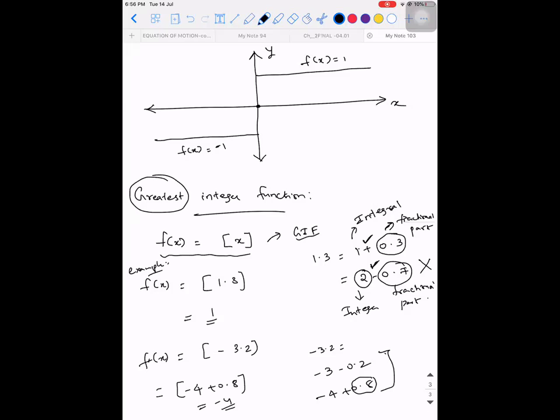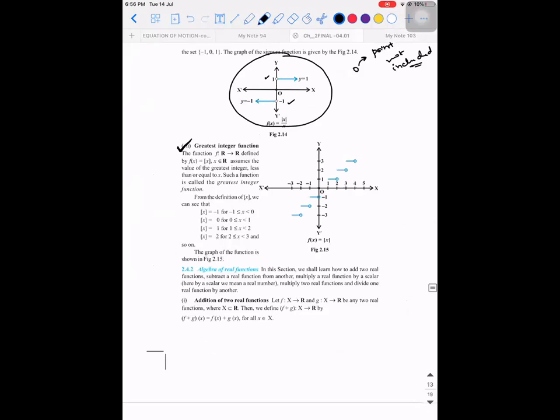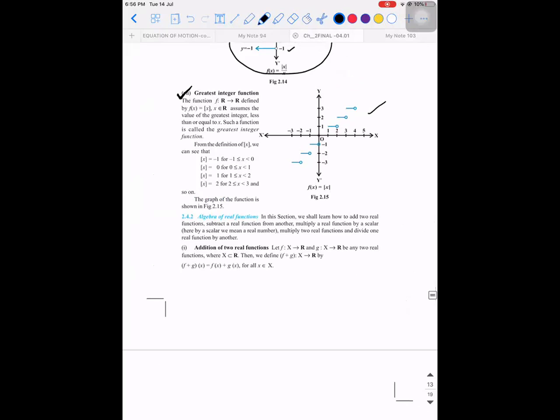That's right. When you try to plot the graph for this, you will get a graph like this. So this is the reason. If you observe, the graph looks like a step.